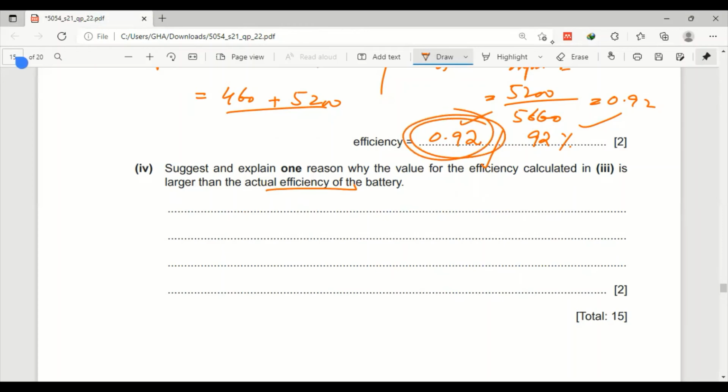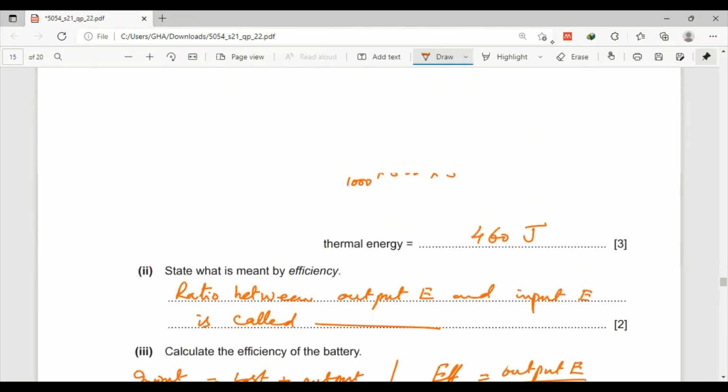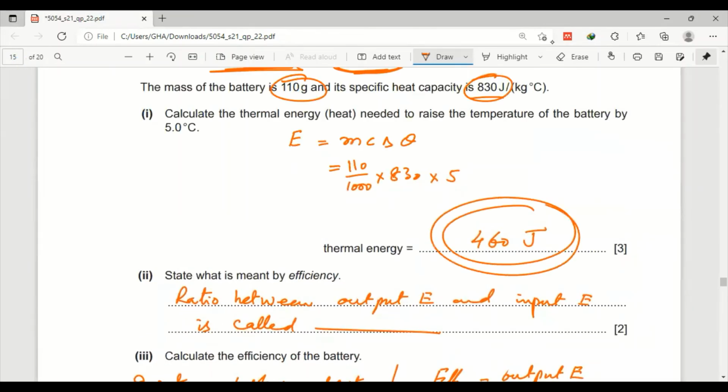The reason is some energy, meaning the heat energy, is lost to the surroundings, which is not mentioned here, because we are just mentioning the energy which is absorbed by the mobile phone.